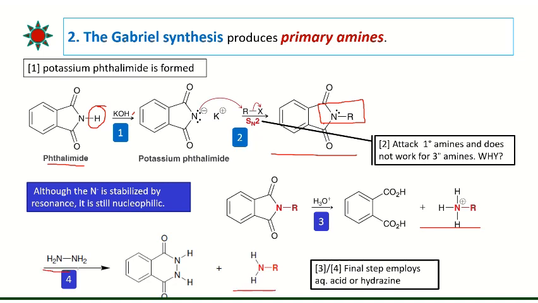Of course, remember that this is a base, but not only that, we can literally get rid of this dicarboxylic acid by treating it with the hydrazine. So this is very nice. Could I ask you, why is it that we only use primary alkyl halides?